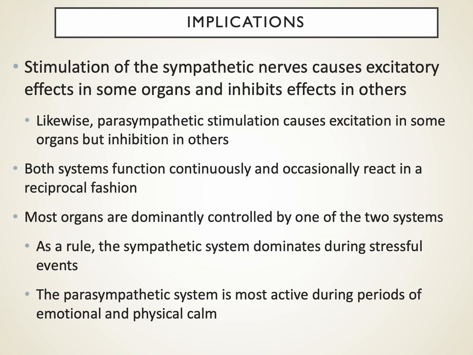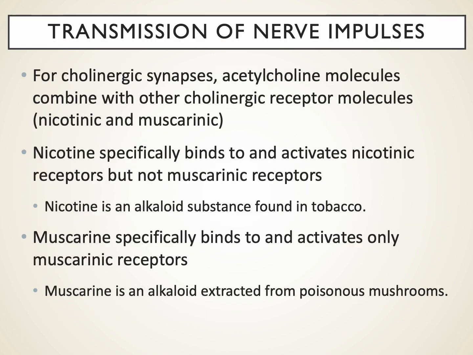When we stimulate either the sympathetic or the parasympathetic system, we usually expect to see a particular response. The transmission of nerve pulses ultimately releases acetylcholine at the ganglionic levels, and acetylcholine at the end of the parasympathetic side or norepinephrine at the end of the sympathetic side. We've already talked about the differentiation on the parasympathetic side of the nicotinic versus the muscarinic receptors.